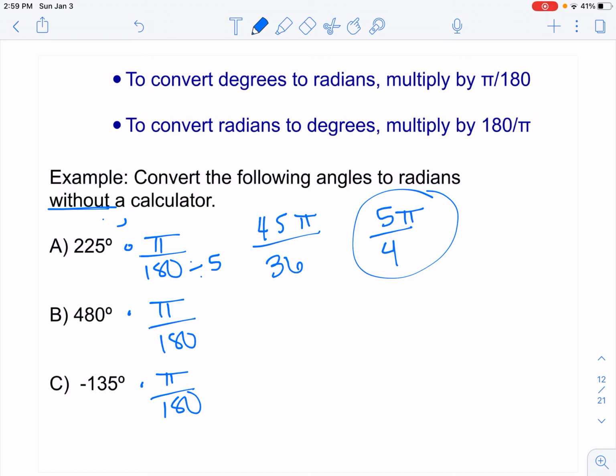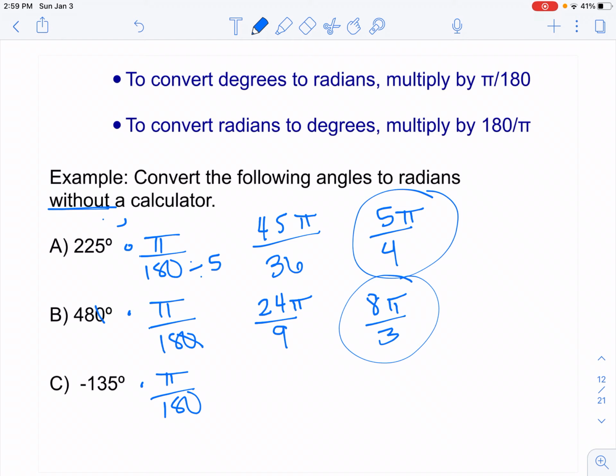And then it doesn't always say radians, but you can assume if it doesn't have a degree symbol that it is in radians. This one I can divide by 10, get rid of the zeros. I can divide by 2, and I get 24 pi over 9. I can divide by 3 and I get 8 pi over 3.